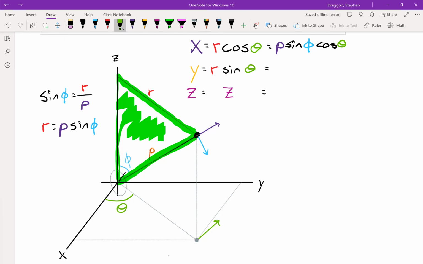We can do the same thing for y, where y should be rho sine phi, and then times sine theta. And then finally z, if we come back to that highlighted triangle, z should be rho cosine phi, since z is the adjacent side in that triangle. So we've got rho cosine phi.